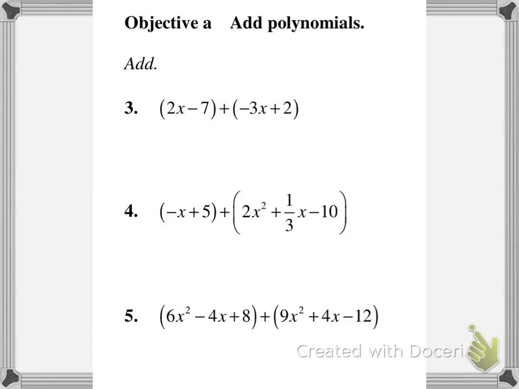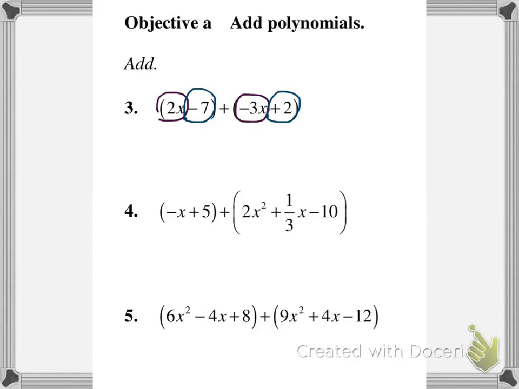So let's look at a few examples. Let's just look at the top one, number 3. 2x minus 7 plus negative 3x plus 2. When you're working with polynomials in addition, it really is just combining like terms. So I see a 2x and a minus 3x, and I see a minus 7 and a plus 2.